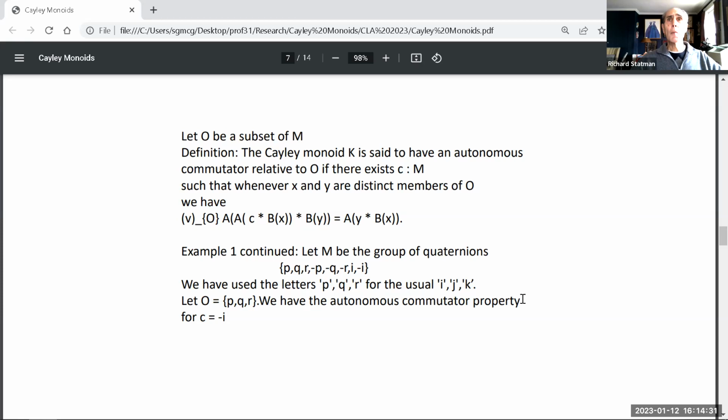And we have the autonomous commutator property for C in this case being minus 1, minus I. This was sort of the motivating example. I realized, in fact, that you could have something like an autonomous commutator. In this case, when you multiply them in the opposite order, you get minus the first.